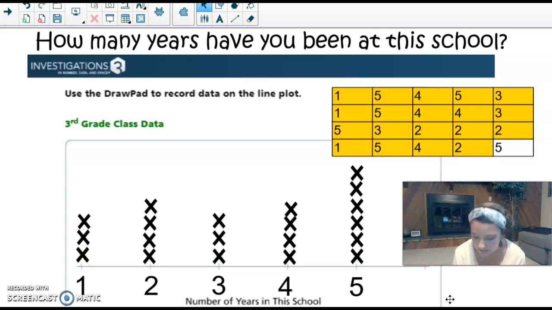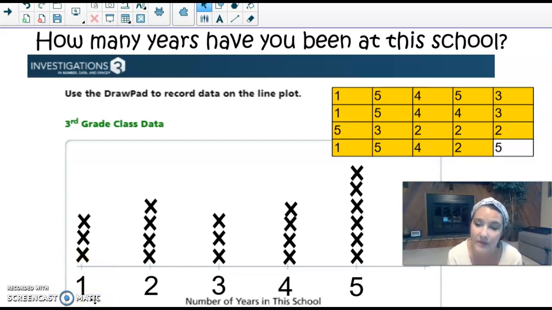what is the least number of years that a student has been at the school? What is the least number of years that a student has been at this school? You're right, 1. The question was asking about the numbers of years, and the least numbers of years that a student has been is 1 year.